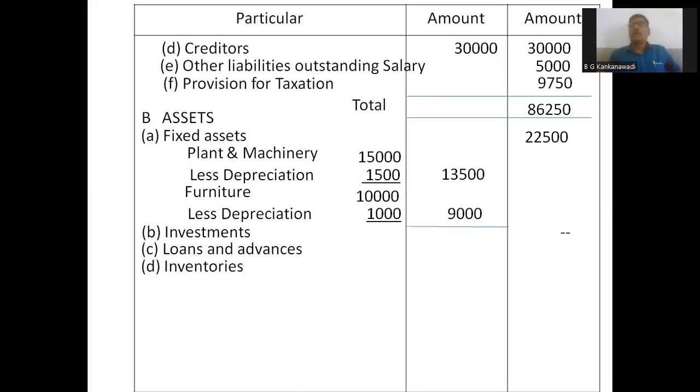Inventory. Under the inventory you take the closing stock. So closing stock value is 30,000. Next is debtors. Debtors amount you take in the inner column. Less RDD, already calculated. RDD amount is 1,250.